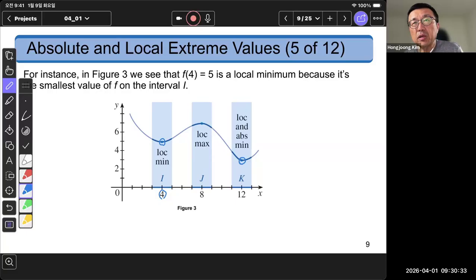And what is the global maximum? The value here is the largest value.